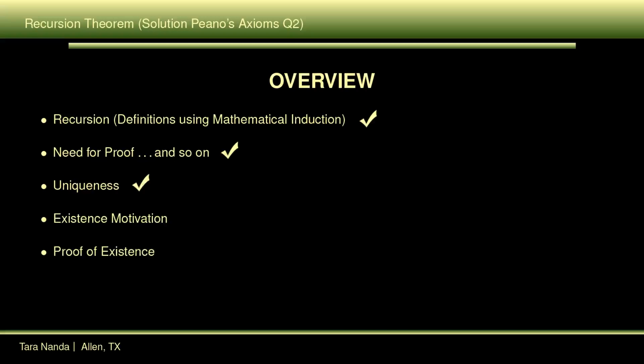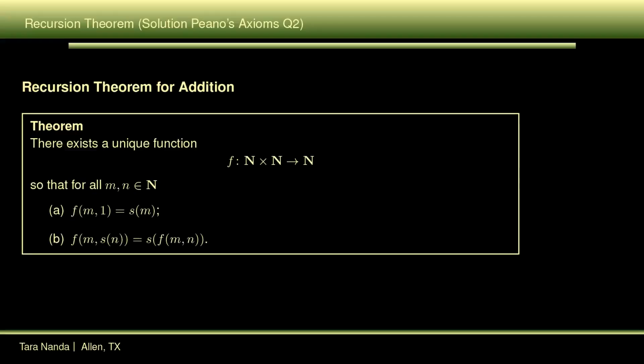The recursion theorem says that there exists a unique function f from N cross N to N, so that for all m and n natural numbers, (a) f(m, 1) is equal to s(m).